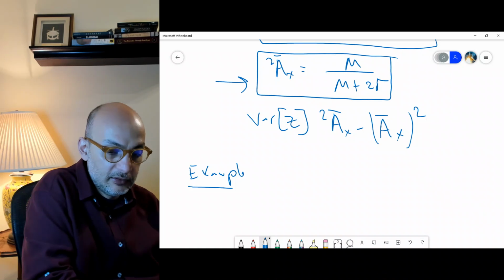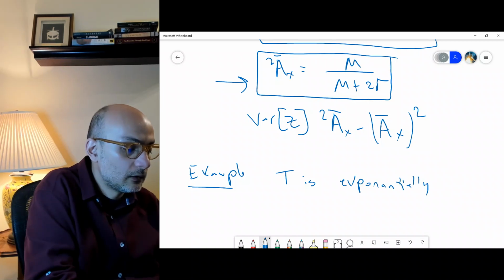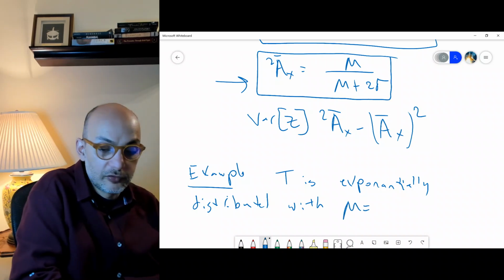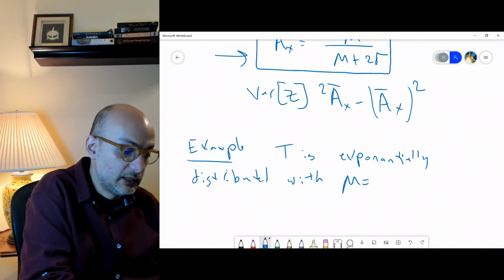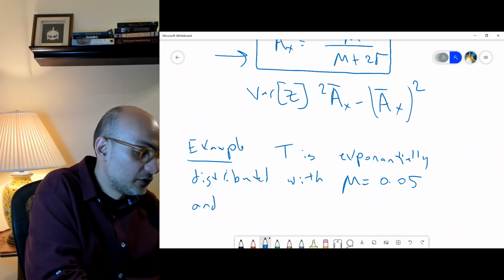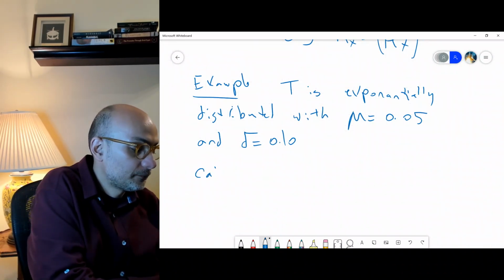So the example is: T, the remaining lifetime, is exponentially distributed with mu, the force of mortality, let's make it 0.5%, and the force of interest here, delta, let's make it 10%.